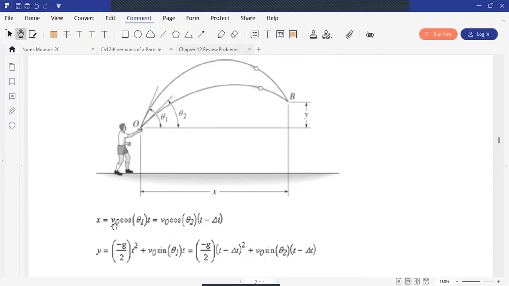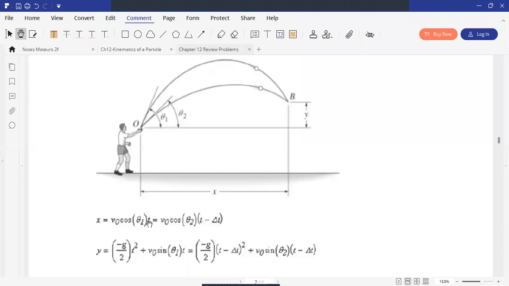So the equation for x will be v0x times t plus x0. But because they are launched from the origin, x0 is 0. So for particle 1, the coordinate is v0 cosine theta 1 times the time t, because we are projecting on x.